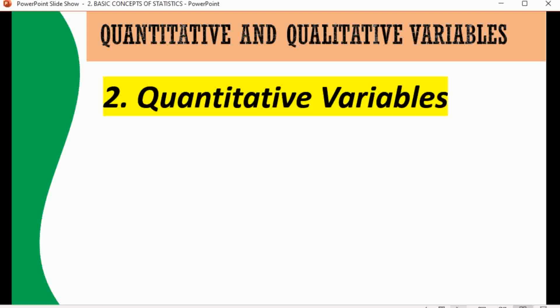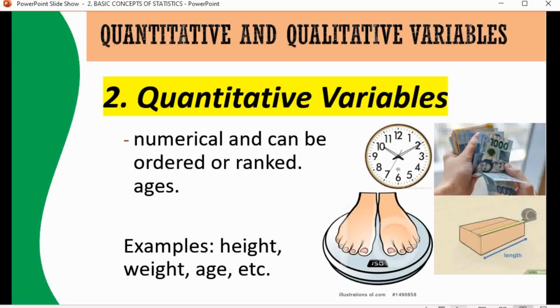Next is quantitative variables. Still through observation, but sometimes we use specialized tools or we represent them as numbers to actually show these variables. So these can be ordered, ranked, or the like. Examples here are height, weight, age. These are measured. These are counted.